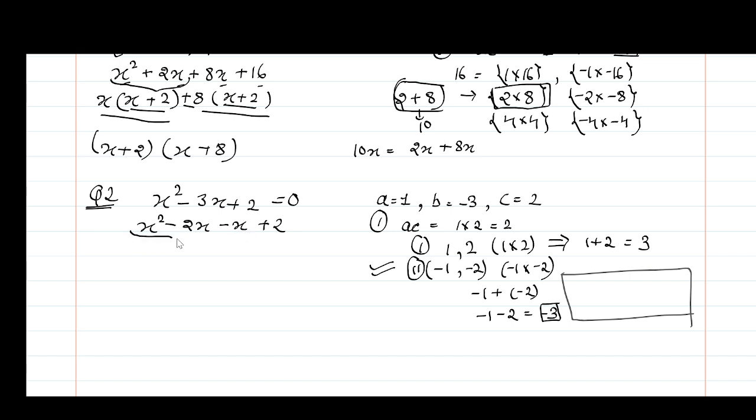So we'll find out what is common in the first two terms and in the last two terms. Here I can see x is common. I will take x out, and 1x is out, x is left. X minus 2. And from here I can see I can take minus 1 out, because I need my second bracket exactly the same as the first one.